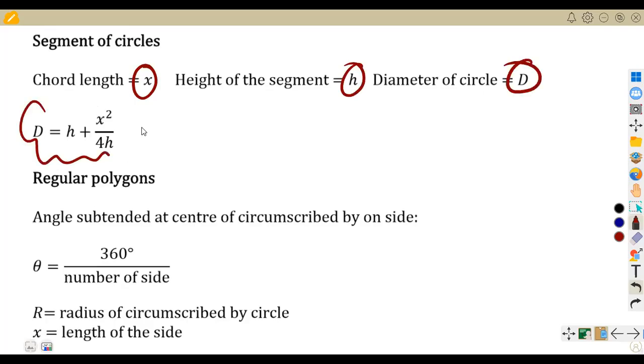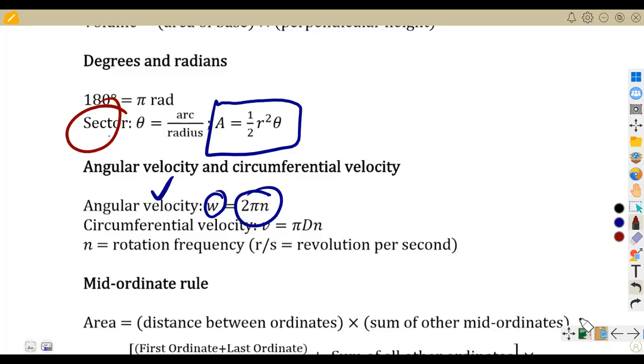Then the formula that can be used to connect these three is given as d is equal to h plus x squared over 4h. This is what the formula is stating. No problem. Let us take our formula and the information that you're given and try to make this clear.